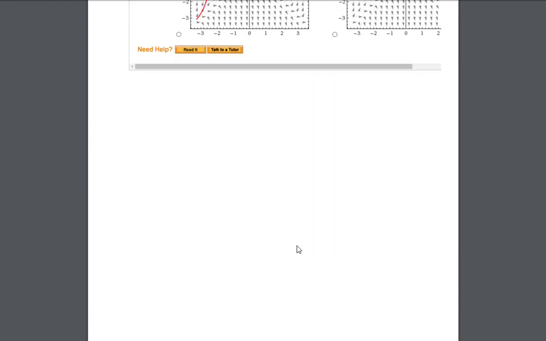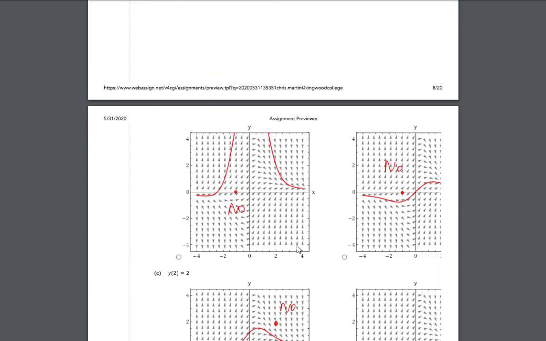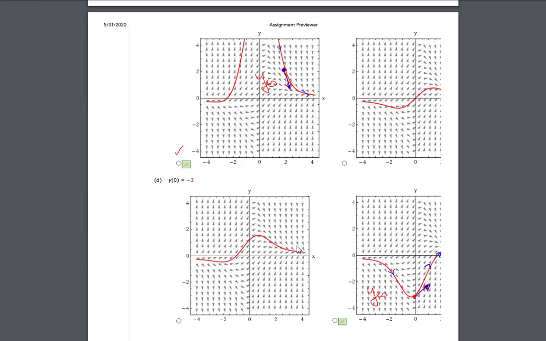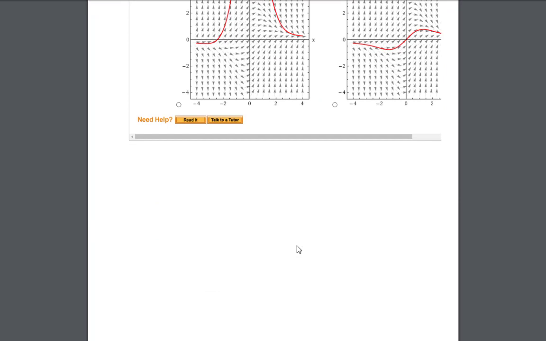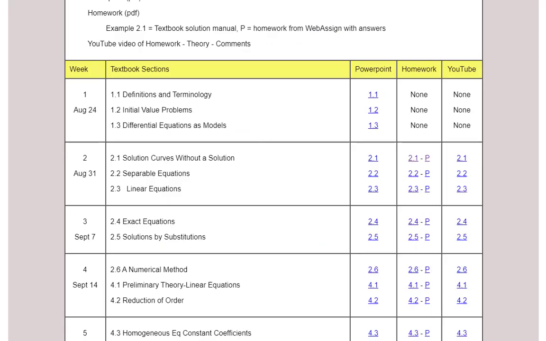I think this first section just has the direction fields, but a little bit where we do work some things out and take a look. So again, the P are the ones that I assign in WebAssign and how I work it. And the first ones are the link to the full textbook solution set. All right, so that's all the way through the whole course.